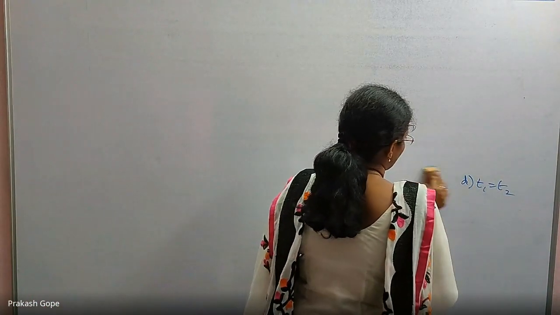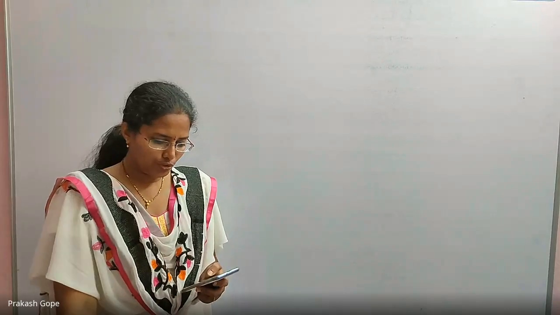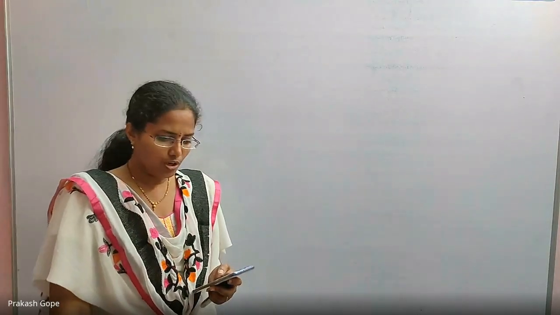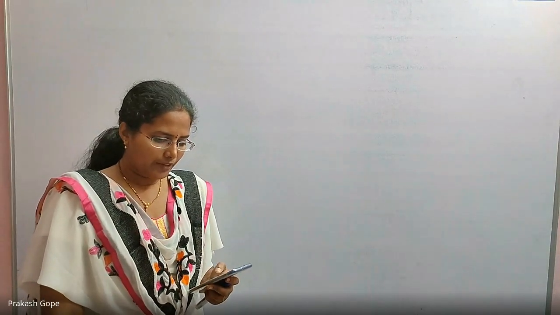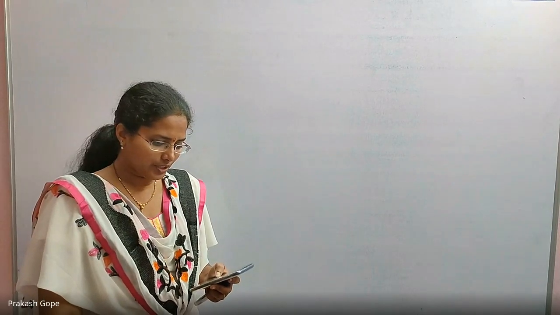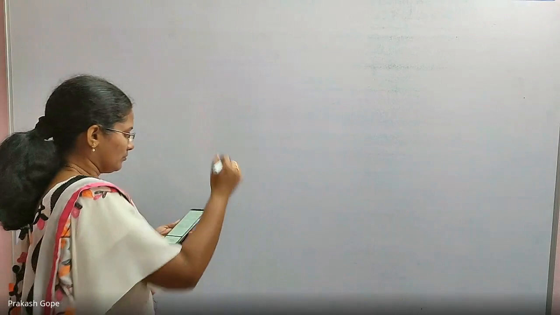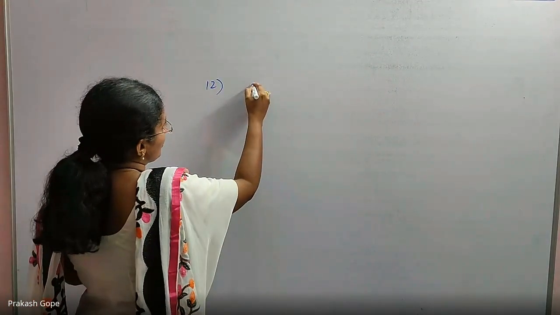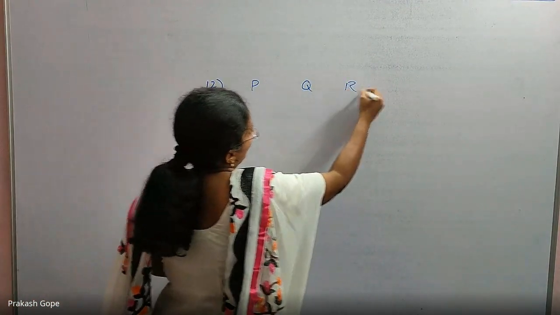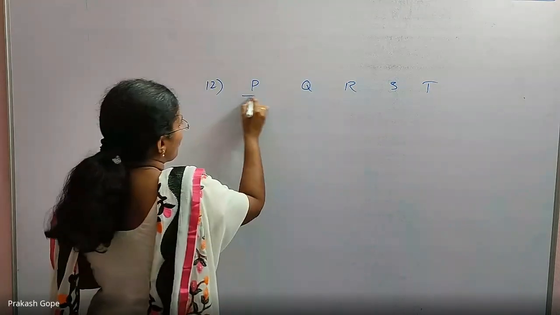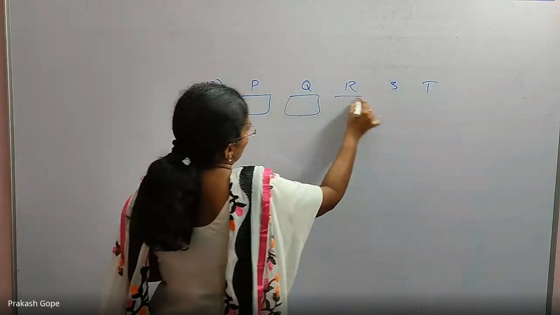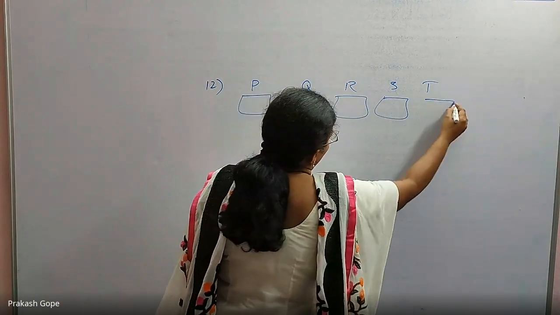Next one. Suppose P, Q, R, S, T are sorted sequences having the lengths given respectively. 12th question. What is the meaning? P, Q, R, S, T are sorted sequences, so these are all sorted arrays.